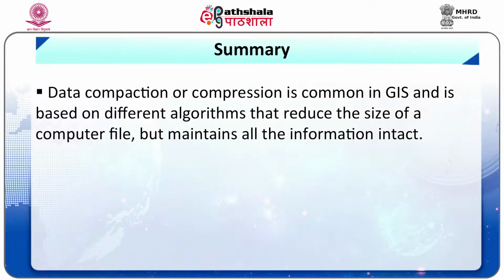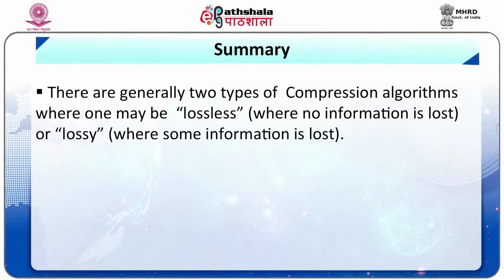So what have we learned today? We have learned largely three things. Number one, data compaction or compression is common in GIS and is based on different algorithms that reduce the size of a computer file but maintain all the information intact. There are generally two types of compression algorithms: one may be lossless, where no information is lost, and the second may be lossy, where some information is lost.